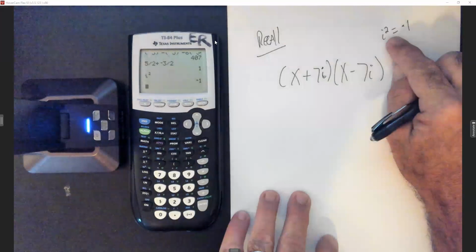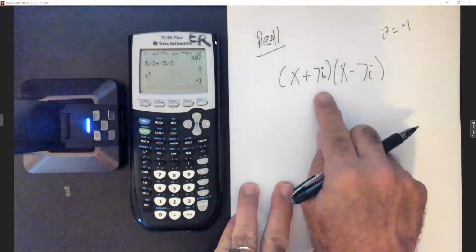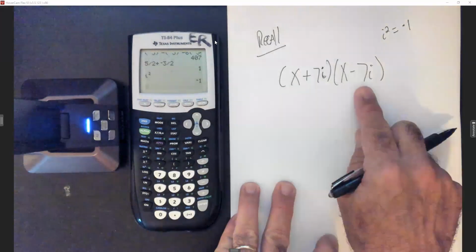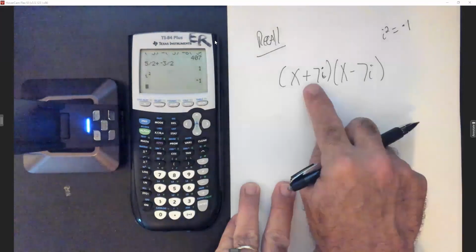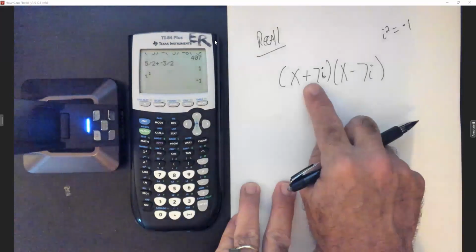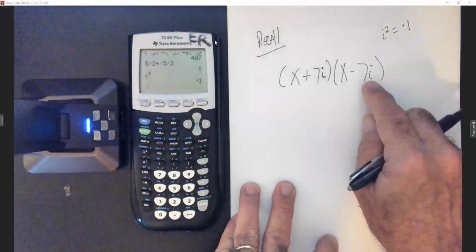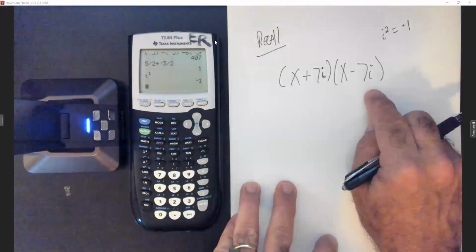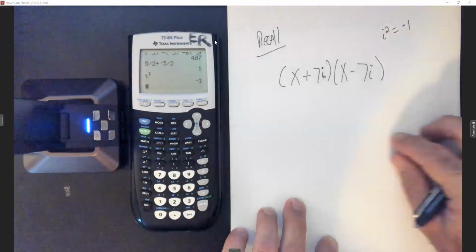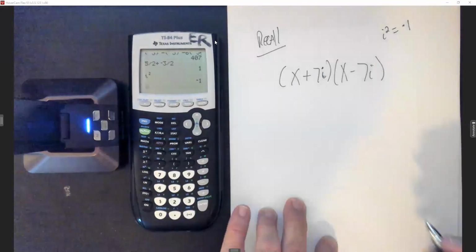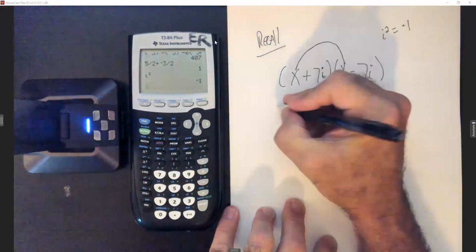Now, these are conjugate pairs, x plus 7i, x minus 7i. Conjugate pairs are the same except for their signs. What's nice about foiling conjugate pairs of imaginary numbers is after I foil this, there will be no more imaginary numbers. They cancel out. So y'all watch the process. X times x is the x squared.